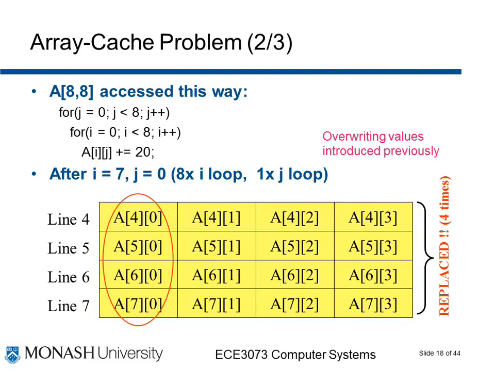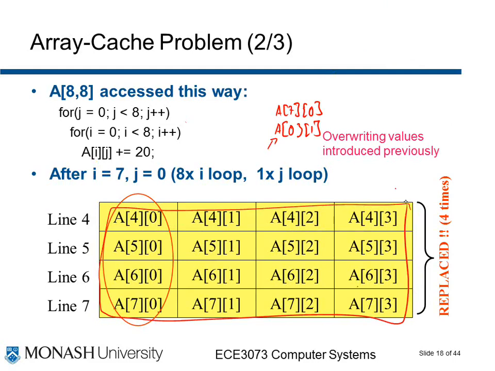But the problem is, I finished my first row, then I next want to do, after I've got A70, the next element I should access is A01, just by looking at the loop code. So I'm looking for A01, and this is the state of my cache. Is A01 there?